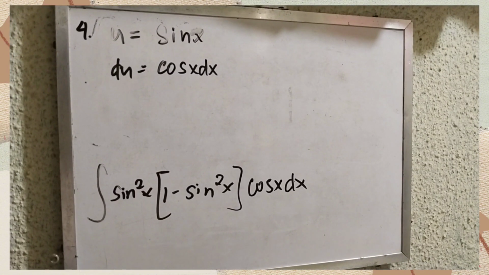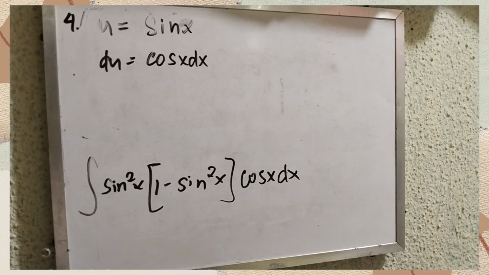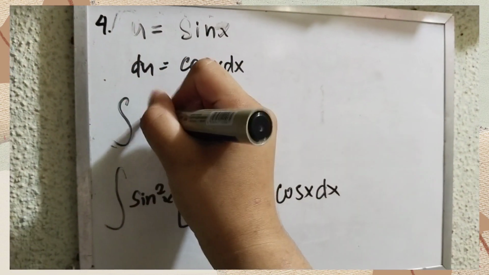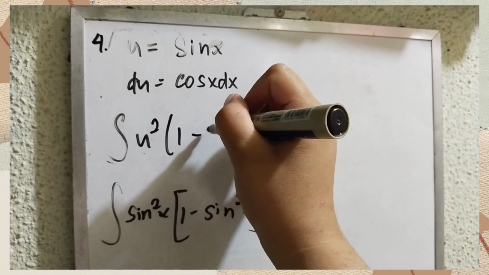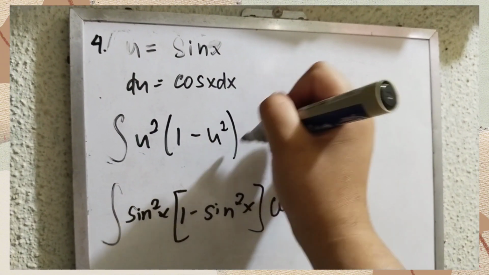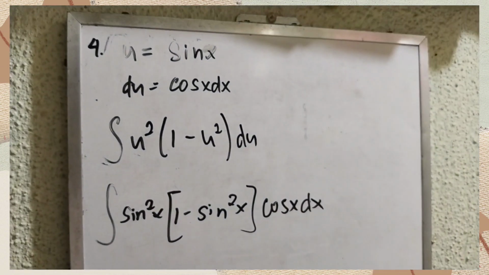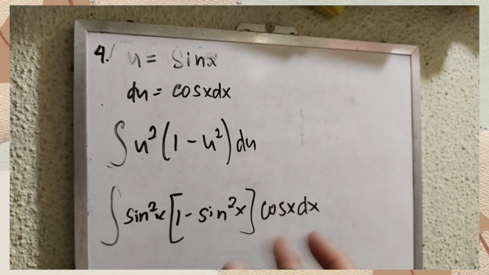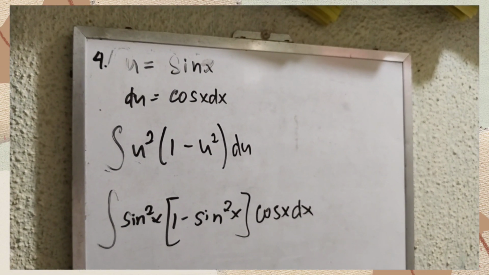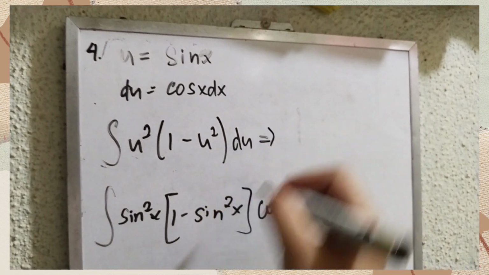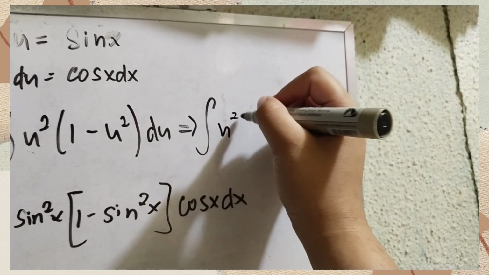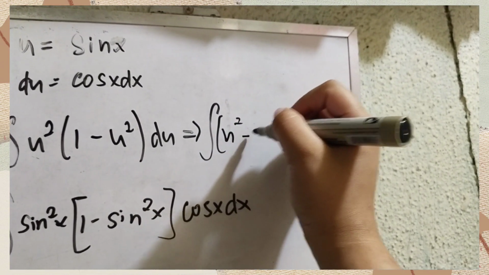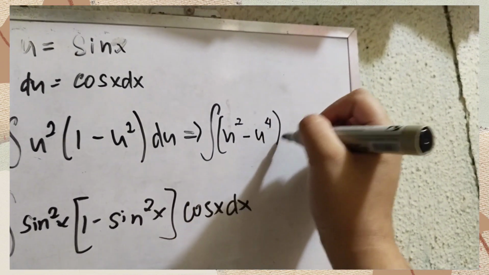So our integral will be the integral of u squared times 1 minus u squared du. When we distribute the multiplication, we will get the integral of u squared minus u to the fourth du.